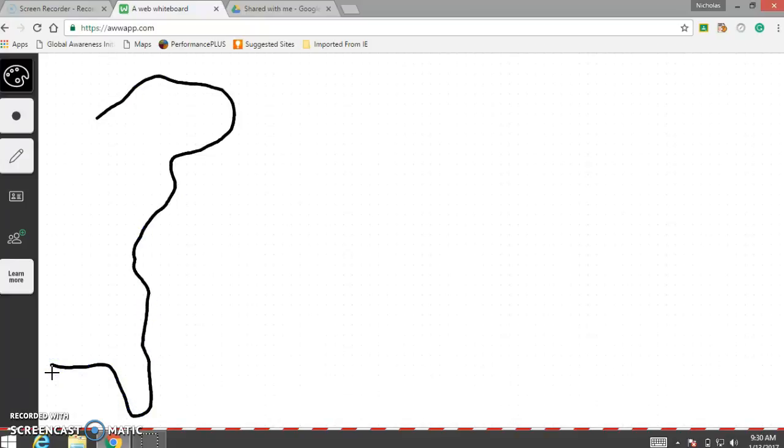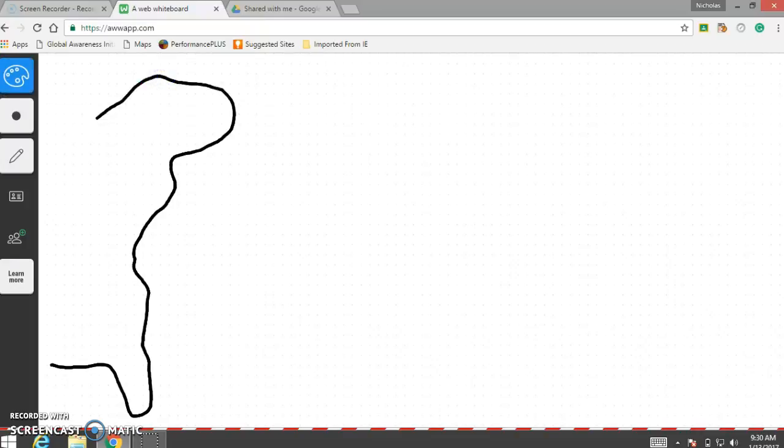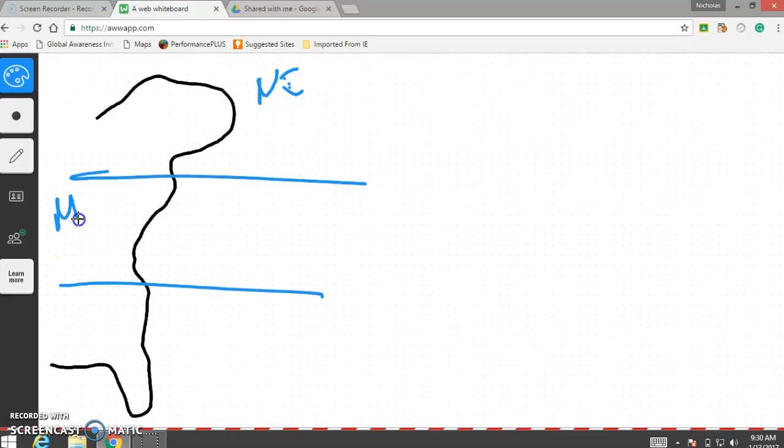Okay, so we've got 3 colonial regions here. So this one would be New England, and then we have the middle colonies, and then we have the South. Okay, and you can look up the specific colonies that are in those regions.